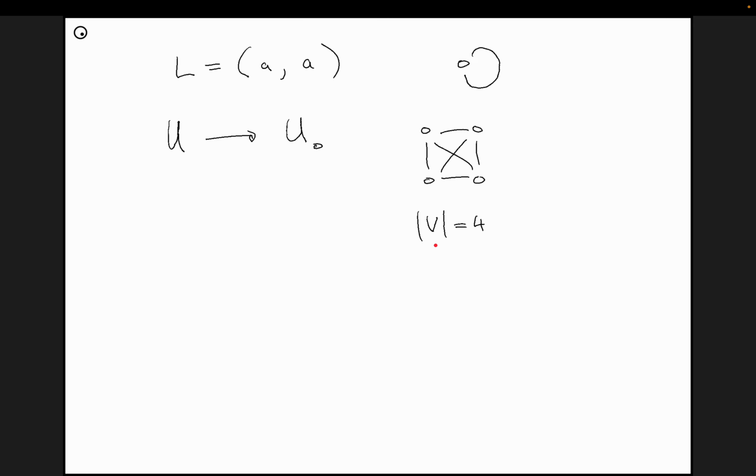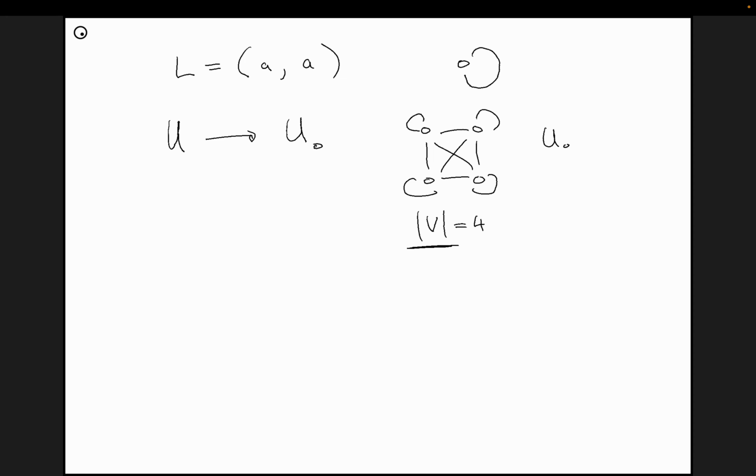This is a notation for the count of elements of a set. And then we just put a loop on every vertex, and then we receive U0.